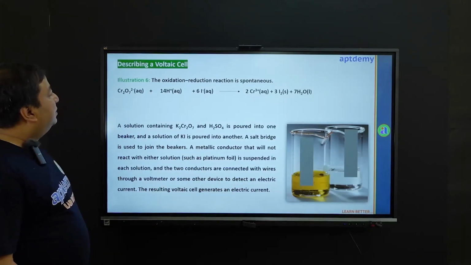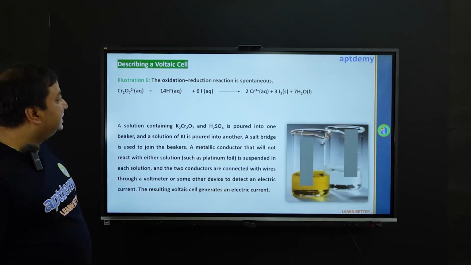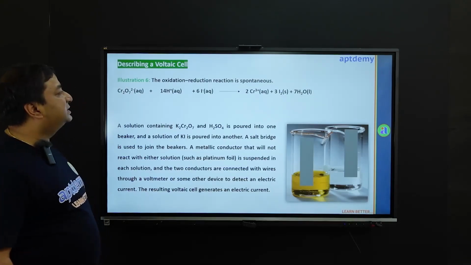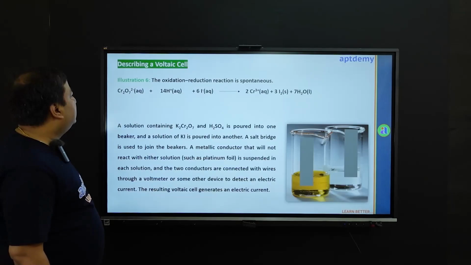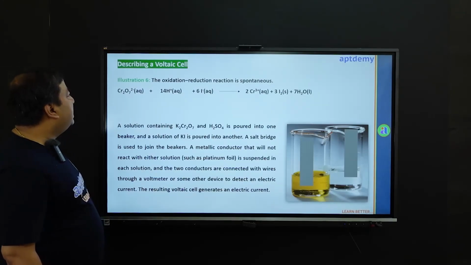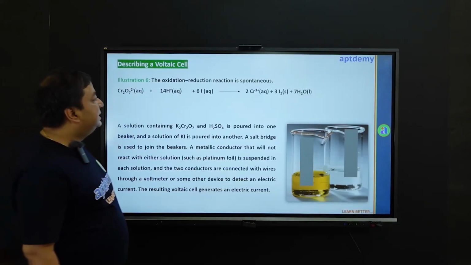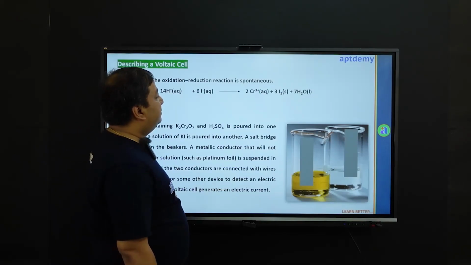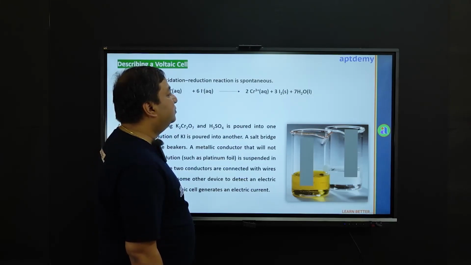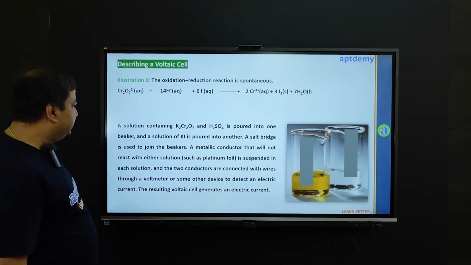Okay. Here we have an illustration, and it is about describing a voltaic cell. Illustration 6. The oxidation reduction reaction is spontaneous. The equation given to us is Cr2O7^2− + 14H+ + 6I− → 2Cr3+ + 3I2 + 7H2O, and the sum reads as follows.